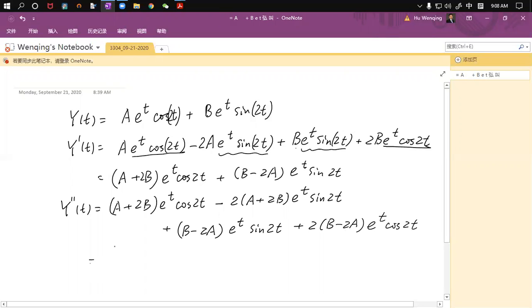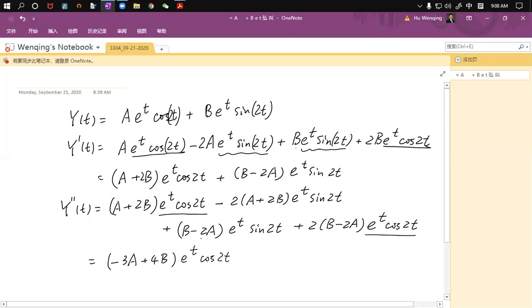As long as you have this, you collect the e power t. So that's a plus 2b plus 2b minus 4a. So it's minus 3 times a plus 4 times b, multiplied by e power t cosine 2t.